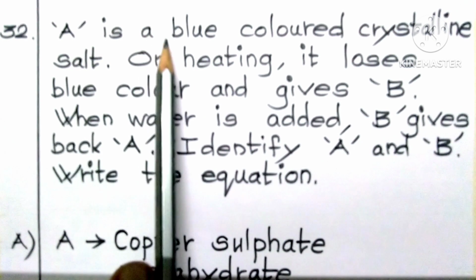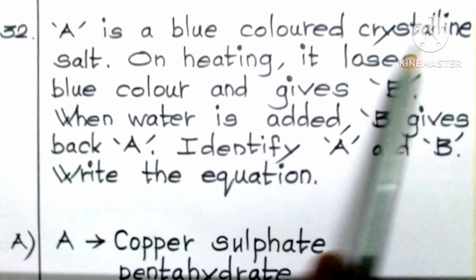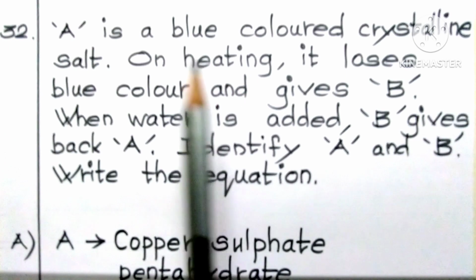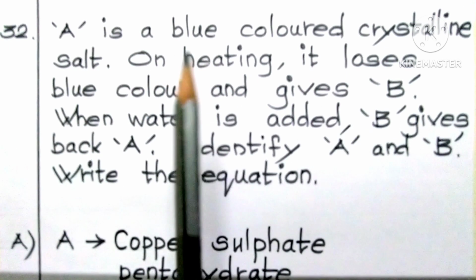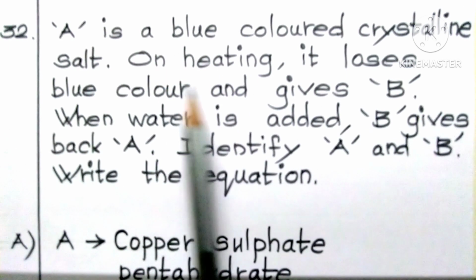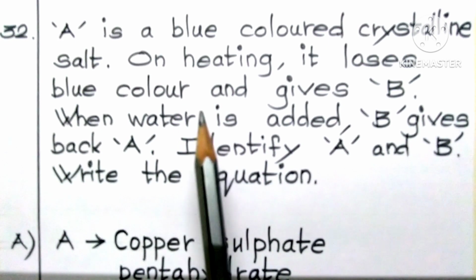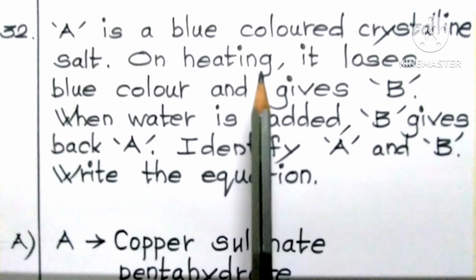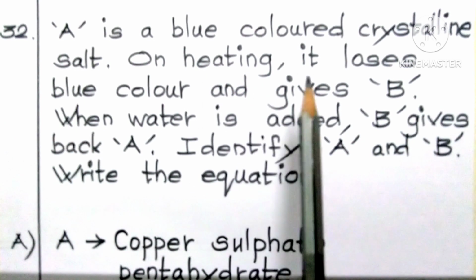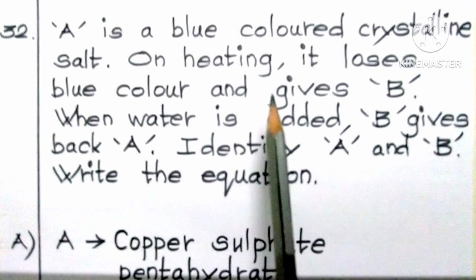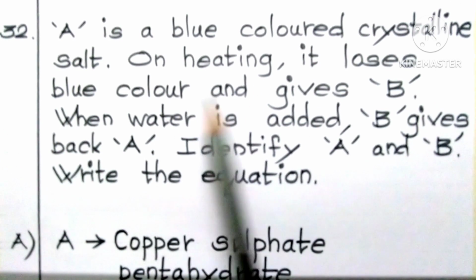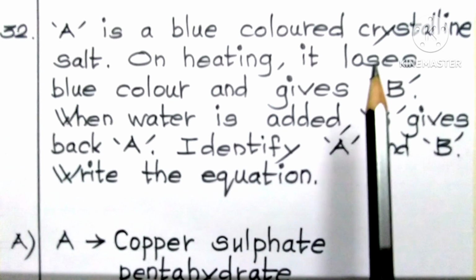Now here comes the clue: blue colored crystalline salt, which is nothing but copper sulfate pentahydrate, a hydrated salt which has 5 molecules of water of crystallization. On heating, it loses the 5 molecules of water of crystallization.